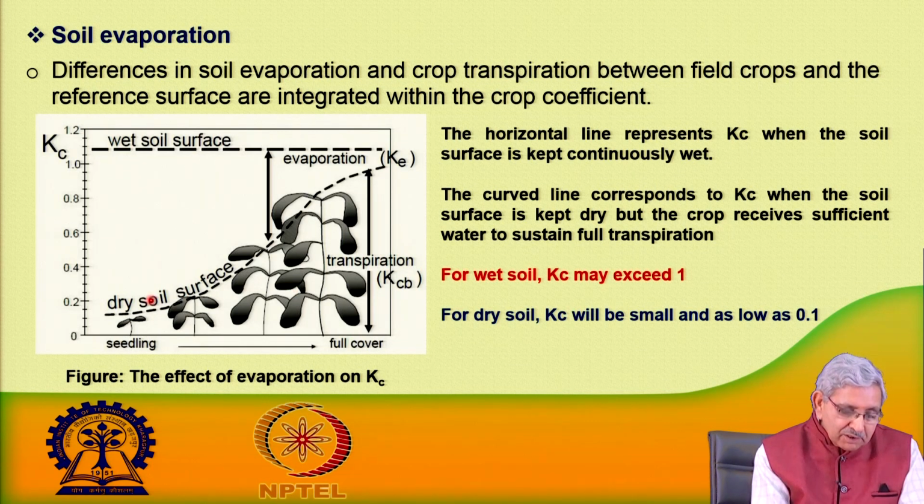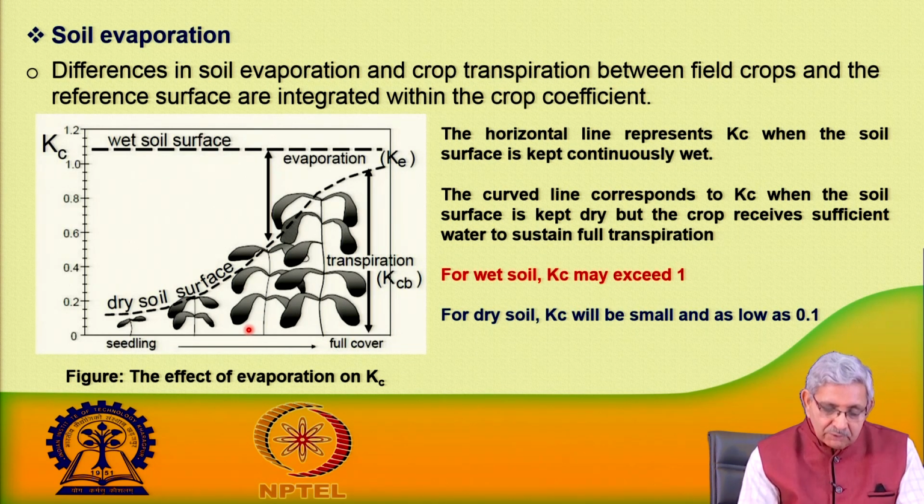At the initial stage, let us say the soil is in typical dry soil condition, as shown here. Soil evaporation will be dominant in the initial growth stage or seedling stage, and as the crop grows it starts covering the ground.